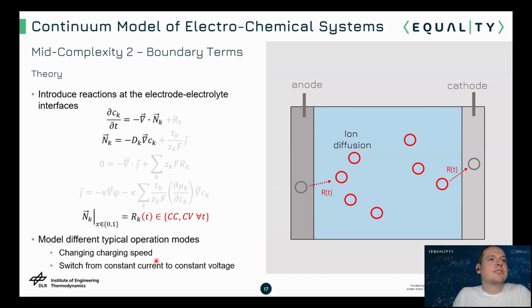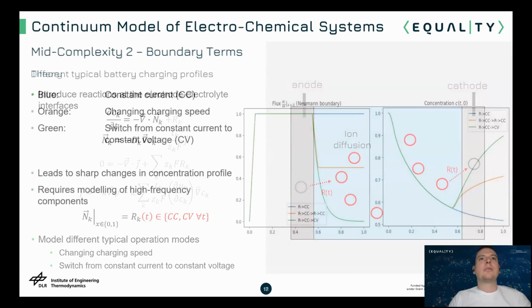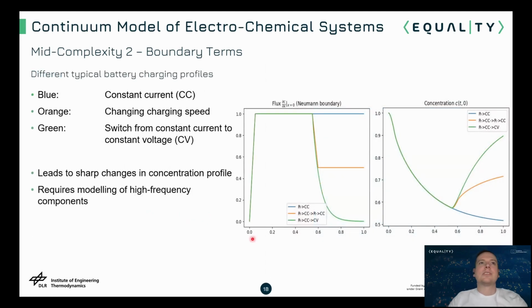For example, changing the charging speed, which is often done when charging cells, or switching from constant current to constant voltage during the charging of the cell. Now, how this translates to the actual influence on the boundaries, you can see here. So this shows the flux at the boundary. In blue, we see the constant flux, which was shown in the example before.